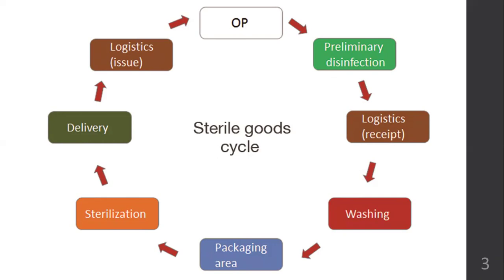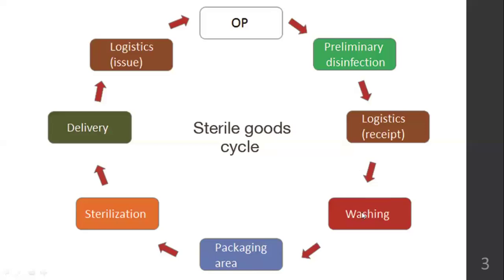From the user departments, OP, wards, OT, emergency, all the user departments will do decontamination, that is preliminary disinfection. They will send it to the CSSD, where the decontaminated items are received.